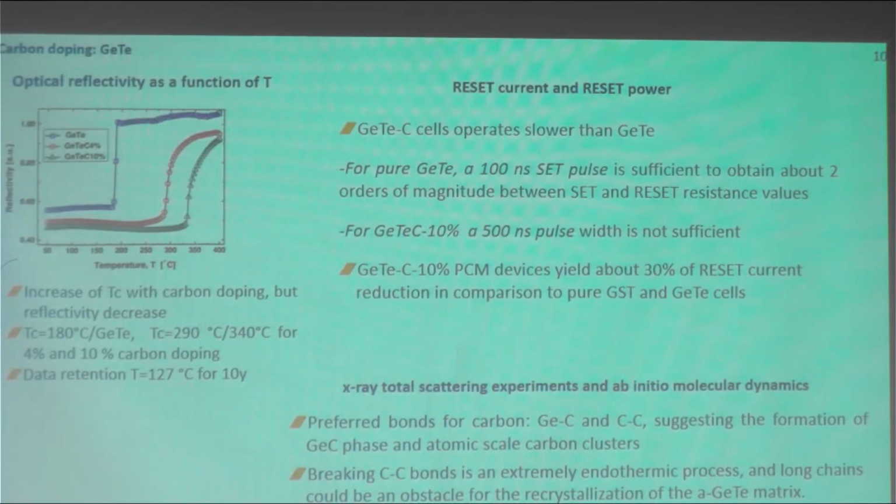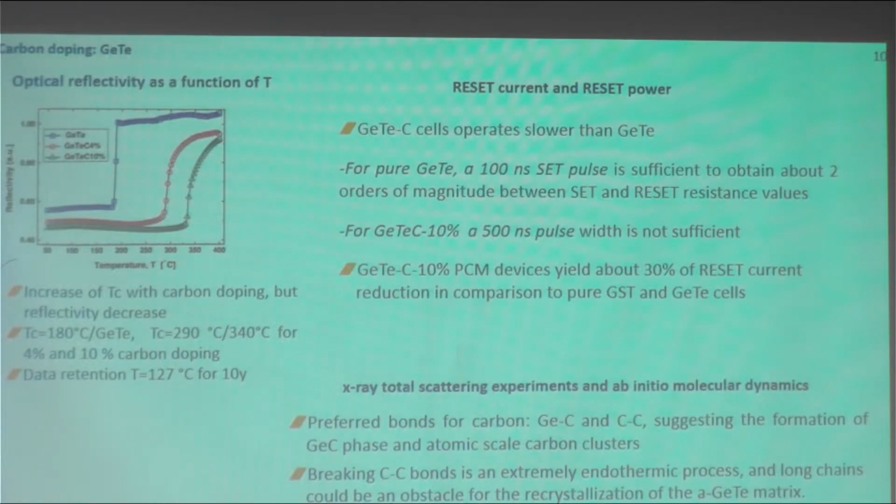Also, to understand these properties of high thermal stability, you can perform some measurements on the bonding, how the carbon bonds to the elements in the germanium telluride. In this case, not surprisingly, carbon bonds to germanium, but surprisingly, there are some carbon-carbon bonds which also suggest the precipitation of such a germanium carbon type phase, and such a phase can then form clusters, and the breaking of such CC bonds is an extremely endothermic process, and long chains could be an obstacle for the recrystallization of the amorphous germanium telluride.